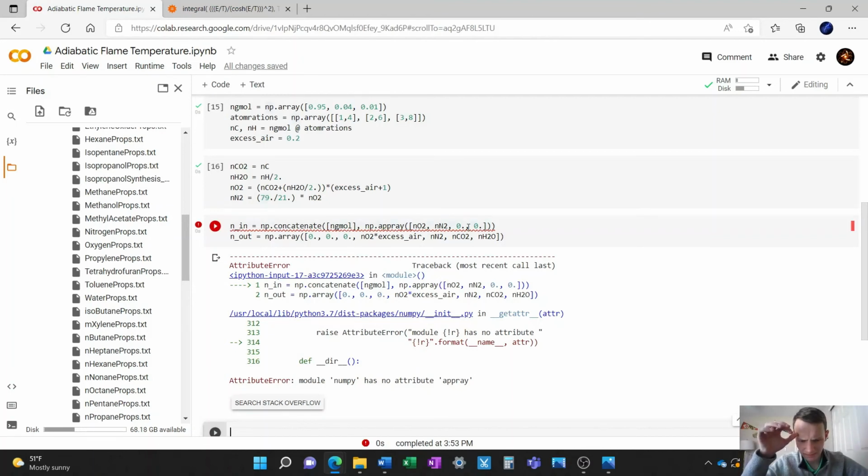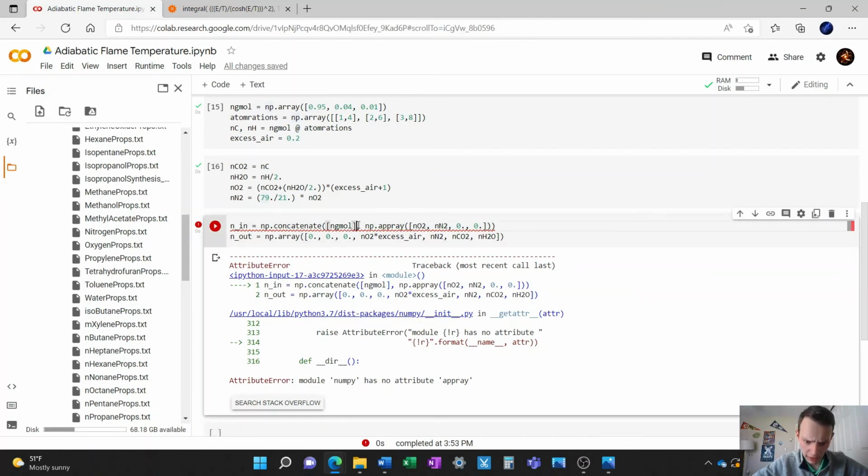Okay. Oh, yeah. So a couple of problems with this. This little bracket there, that should not be there. So we're making a new array that's combining two. So we have ng mole, and then we want our comma numpy array. So this array, and then I have that closed off. So I need a square bracket there as well.